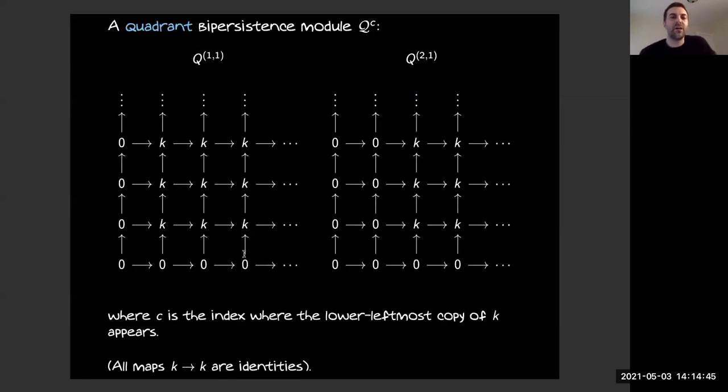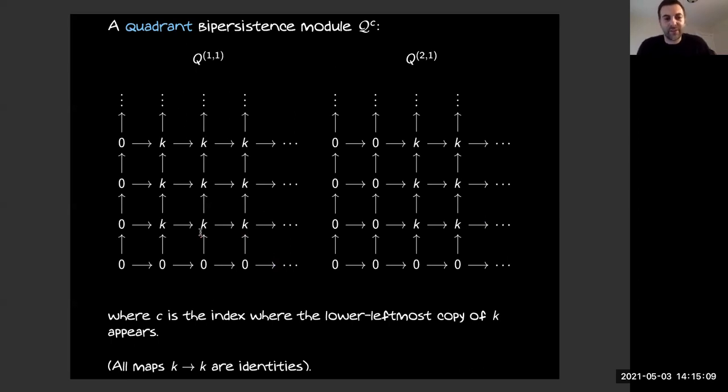To define the presentation distance, I need to define presentations, which means I need to define free modules. First, let me call a quadrant persistence module one that looks like this. There's some minimal index with a copy of the field K. Outside of that index are zeros everywhere. Above that index are other copies of the field K connected by identity maps.